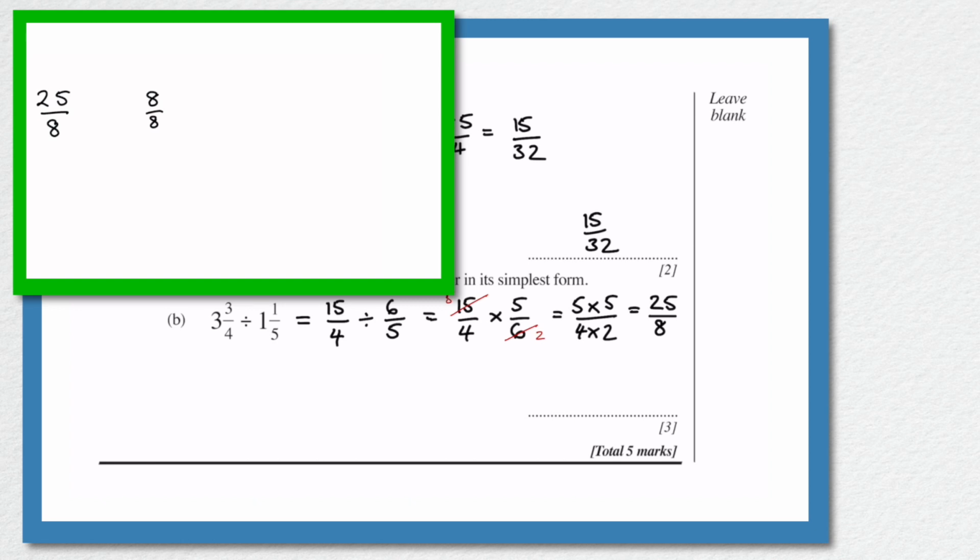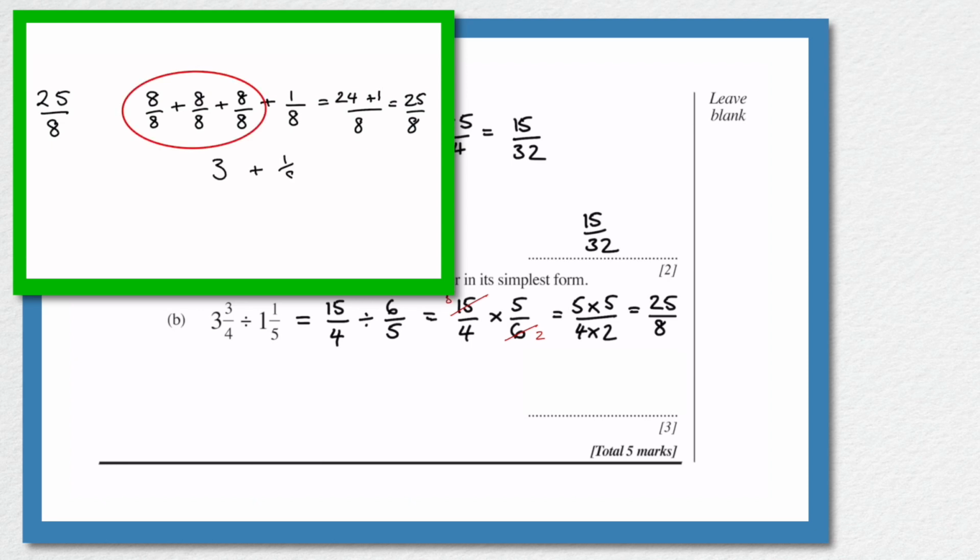I know that 3 lots of 8 is equal to 24 with 1 left over. So that's 8 over 8 add 8 over 8 add 8 over 8 add 1 over 8, which is equal to 25 over 8. So 25 over 8 is 3 1/8, and that's our answer.